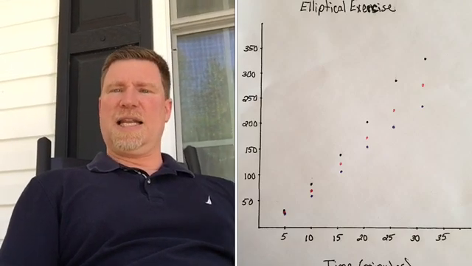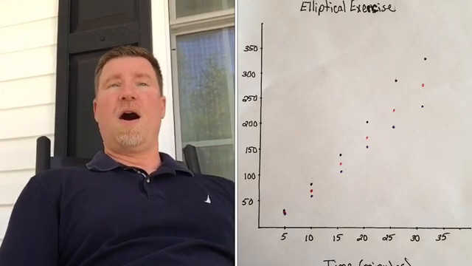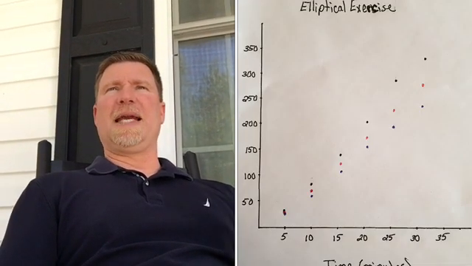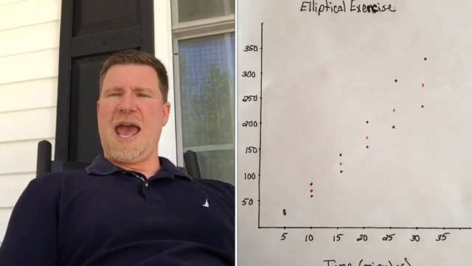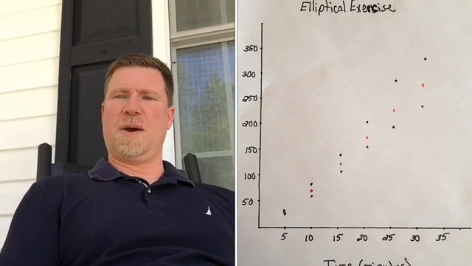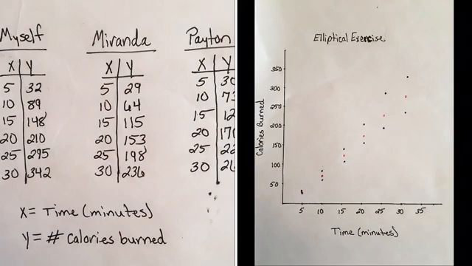I have plotted the information from the table onto the graph, and it shows how many calories that we burned at each interval or each point for the amount of time that we were on the machine. Here is a side-by-side showing the information or data from the tables expressed in the form of a graph on the coordinate plane. Same data expressed differently.